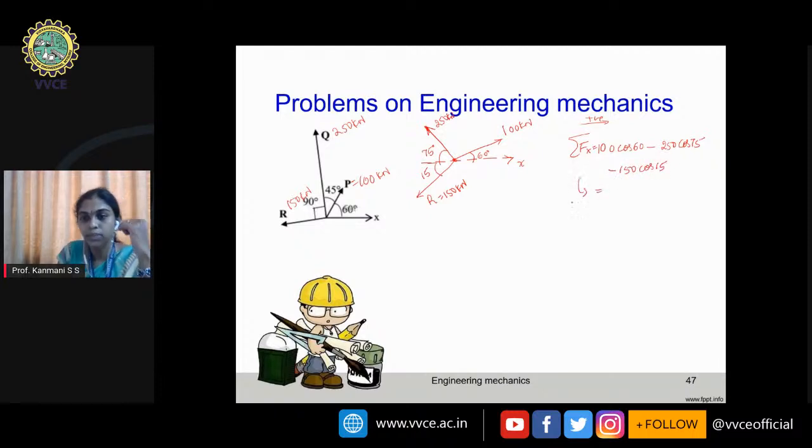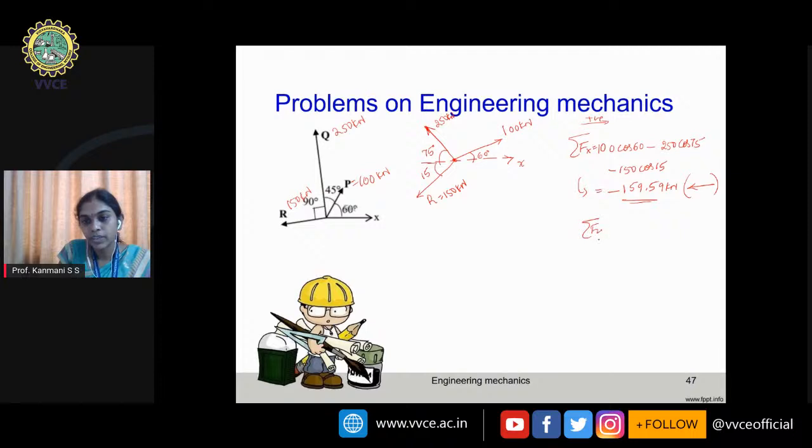So we have to find summation Fx. So we'll find it. 100 cos 60 minus 250 cos 75 minus 150 cos 15. The answer is minus 159.59 kilonewton, which clearly indicates that summation Fx is moving towards left.